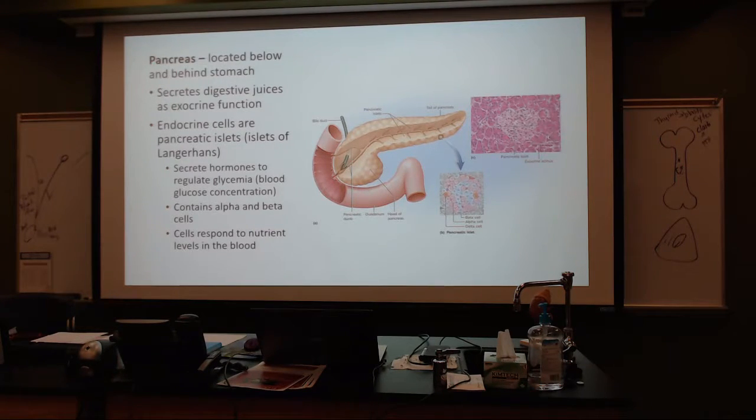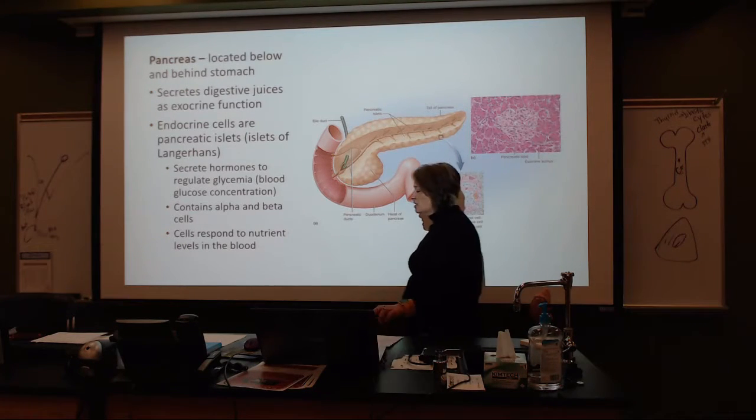Now, those alpha and beta cells, and of course delta cells, are very important in this function, and these are the cells that will get broken down or destroyed in the cases of diabetes. So diabetes 1, diabetes 2, we can look to this area of the pancreas because the cells are usually damaged.